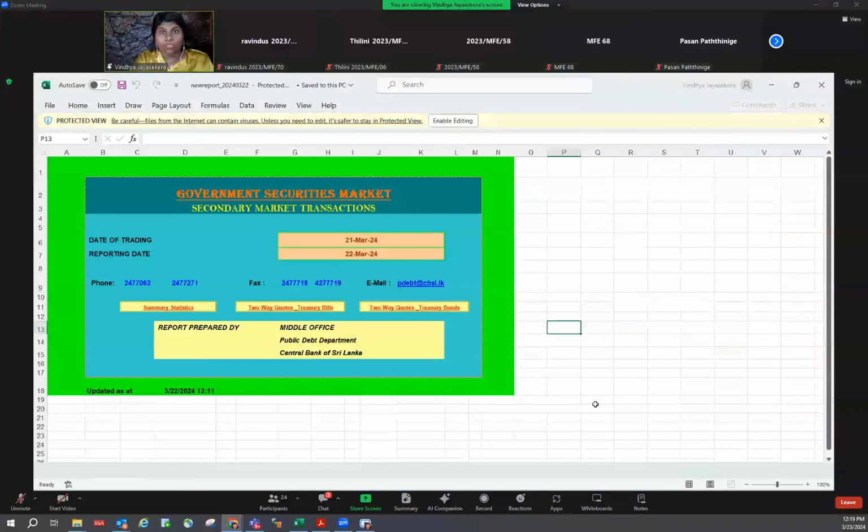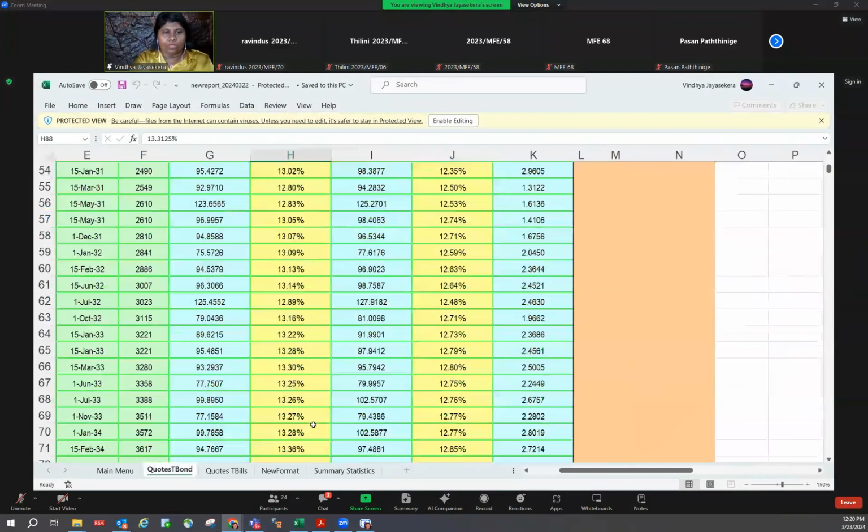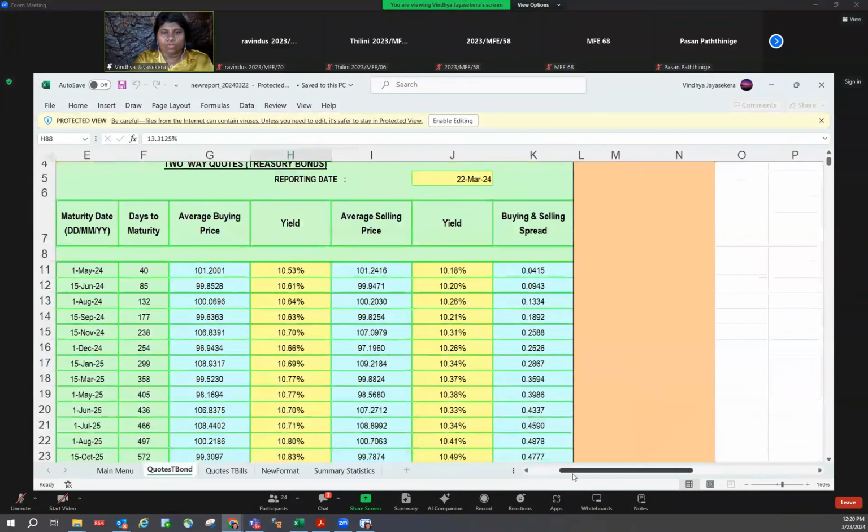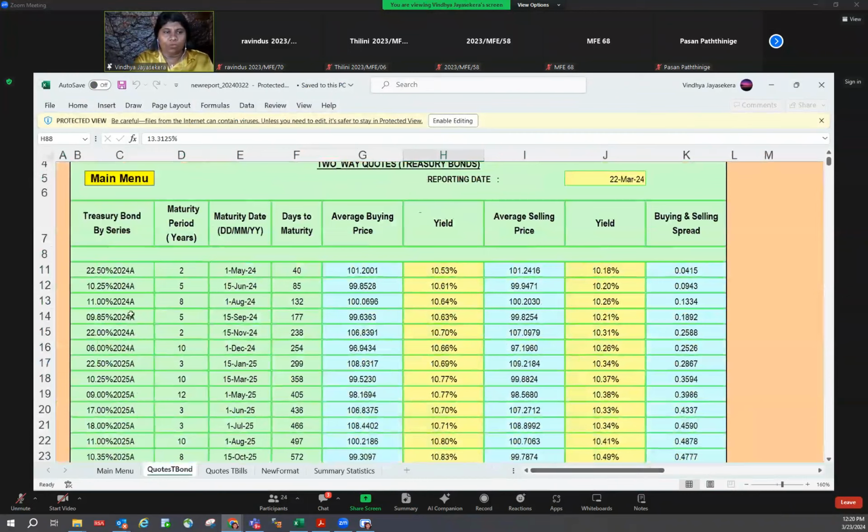All of this is there, right? How to do this, all of this is there in your data file. And you go to the treasury bond quotes and you see the treasury bond quotes are given here. And you pick the treasury bond you want to buy.